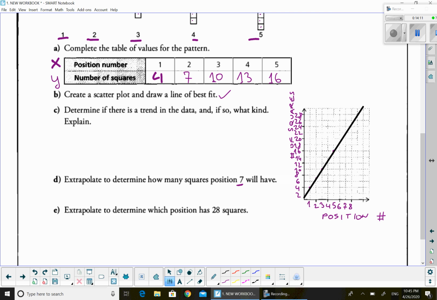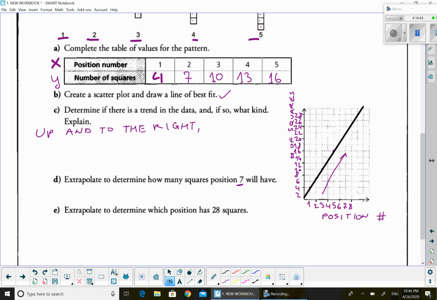Check. C, determine if there is a trend in data, and if so, what kind of trend. So as the position number increases, what's happening with the number of squares? You can see that our graph is going kind of in this direction. So graph is going up and to the right. There we go.